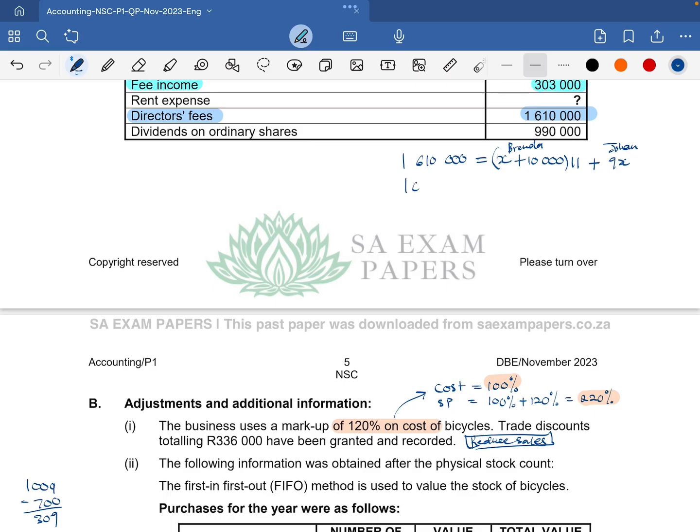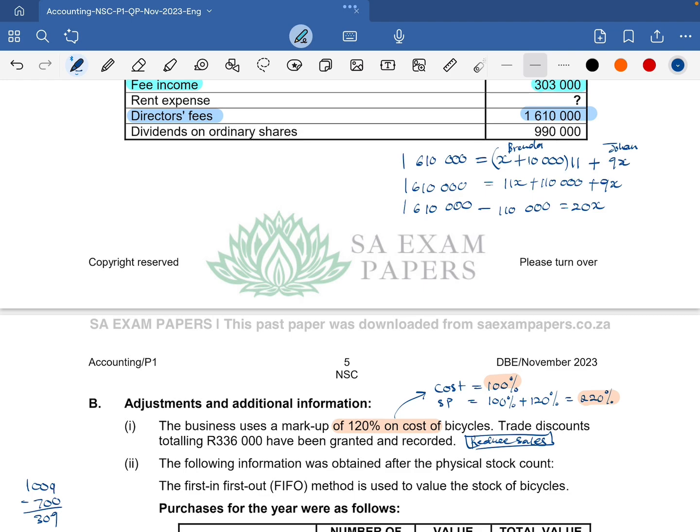So it's 1,610,000 equal to 11x plus 110,000 plus 9x, right? So it's 1,610,000 minus 110,000, and then like terms together, 20x.